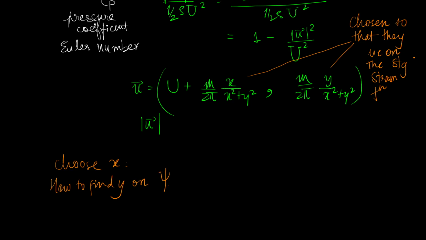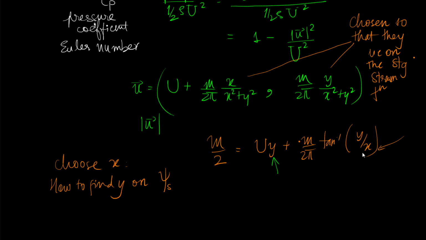On psi stagnation, psi stagnation is nothing but uy plus m upon 2 pi tan inverse y upon x, but psi stagnation is equal to m upon 2. So if you fix the value of x, you will then have to solve the transcendental equation in order to ascertain what the value of y will be. In fact, it is easier to choose y and to find out the x.